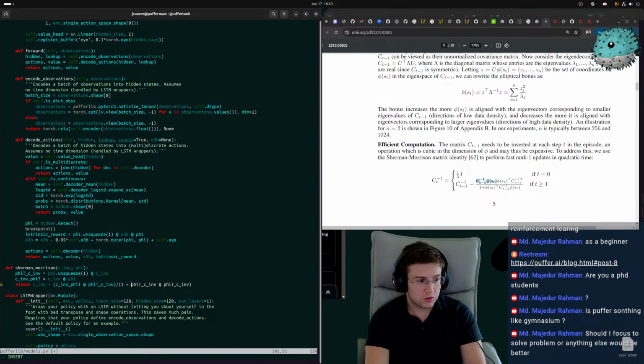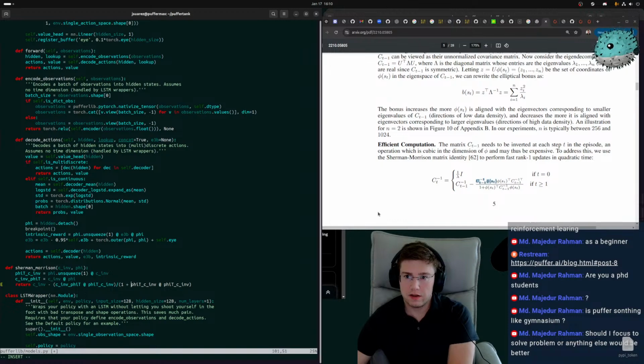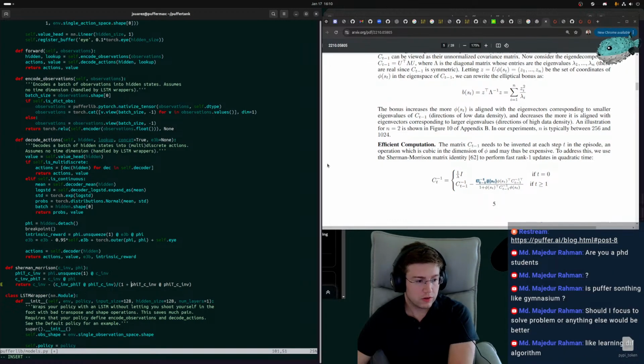Should I focus to solve problem or anything else? I'm not sure what you mean by that. Like learning algorithm. You're gonna get confused if you just start doing learning algorithm ablations and stuff immediately. I generally think the best way to get into reinforcement learning is to go through the process of making a new environment and then going through the process of getting reinforcement learning to solve that new simple environment.